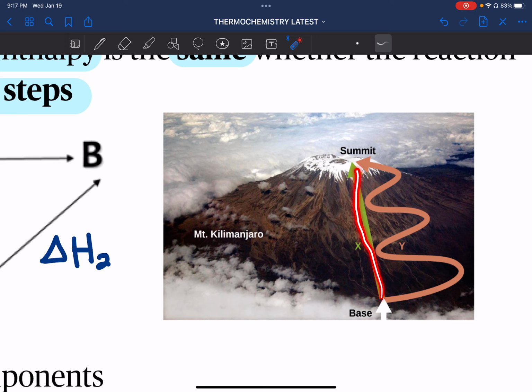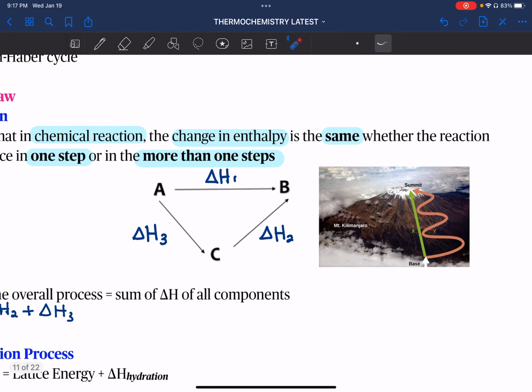You boleh lalu jalan X, satu lagi you boleh lalu jalan Y. Tak kisah you nak lalu jalan X ataupun jalan Y. Kenapa? Sebab enthalpy change dia sama sahaja. So walaupun yang ni nampak macam jauh, tetapi sebenarnya bila kita kira-kira, enthalpy change dia sama. So itu adalah Hess's Law.